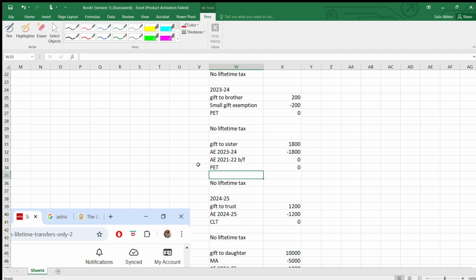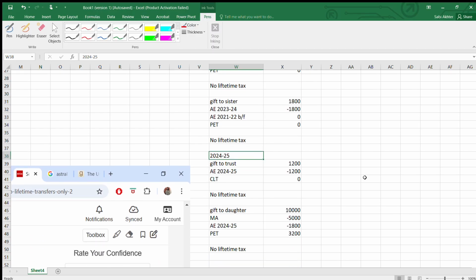Now, so we will be going to 12 Jan 2024, the gift to wife of 10,000. Remember, the gift to wife of 10,000 will be fully exempt. You have to deduct spouse exemption of 10,000. Okay. Now, we will be going to the next tax year, that is 24-25.